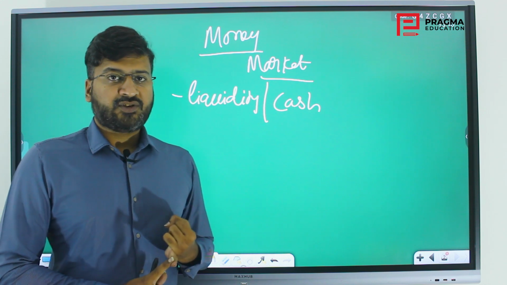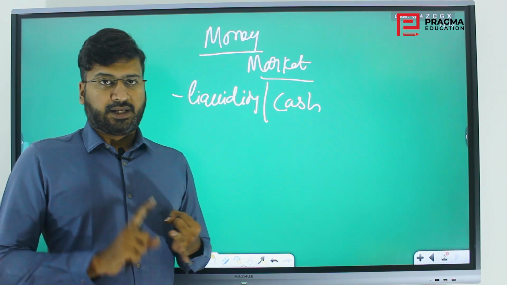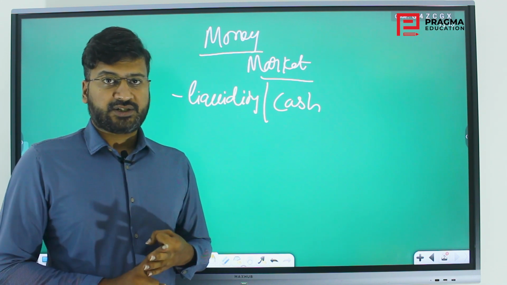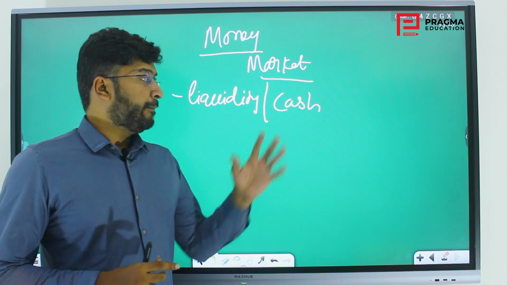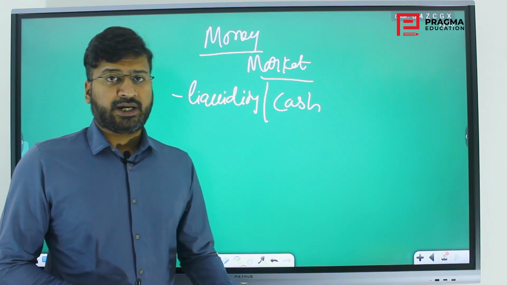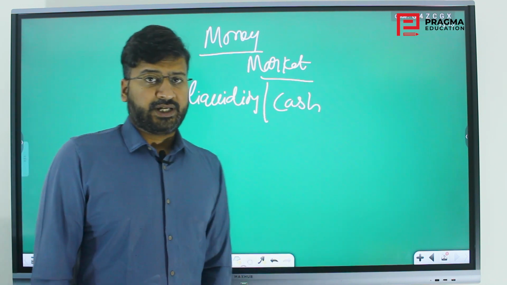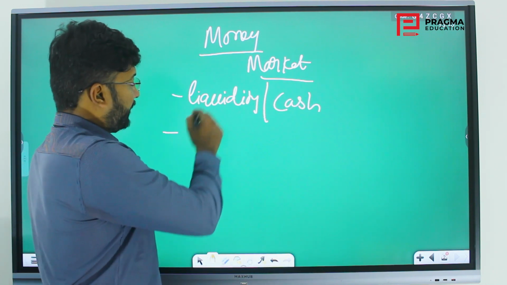It is not just individuals, it will be financial institutions like banks, other NBFCs and other financial institutions which will be dealing with the money. They may be dealing with refinancing or borrowing and lending like banks. They also need liquidity on a day-to-day basis.